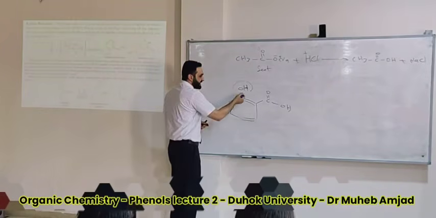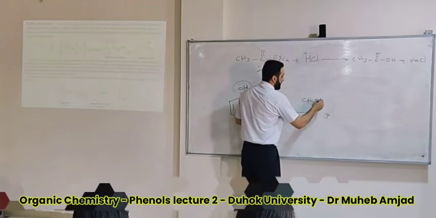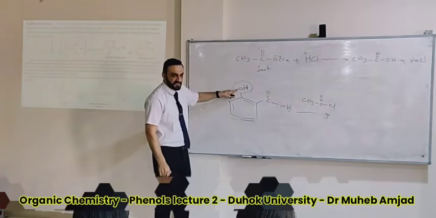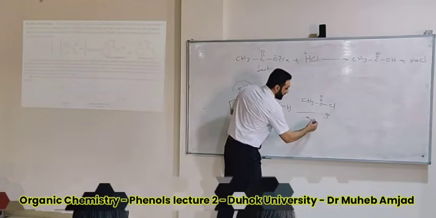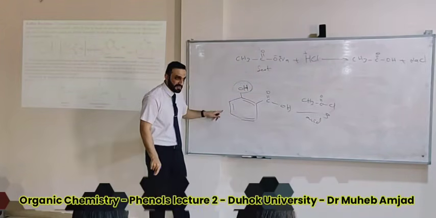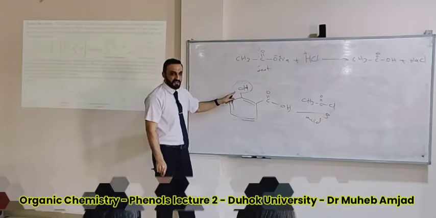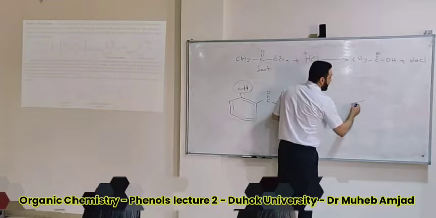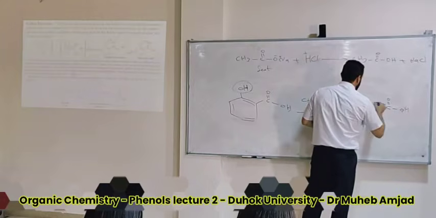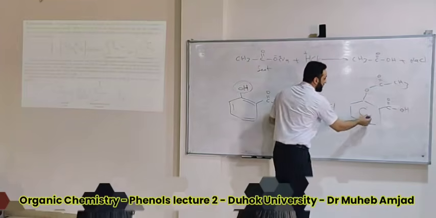If I want to make alkylation here, for example with CH3Cl, it gives you what? Alkylation with acid, I will use acid. Look, I used acid, not aluminum chloride. If I use aluminum chloride, the alkylation will happen here on the aromatic ring. But I use acid, which means the reaction happens on the oxygen. Directly it happens on the oxygen. The alkylation happens on the oxygen.